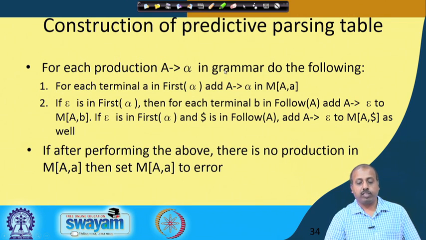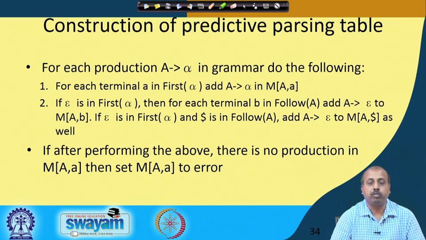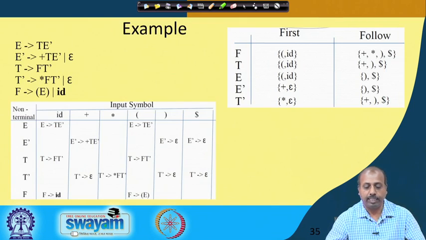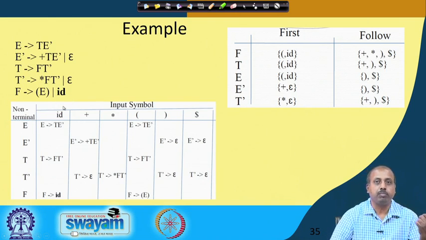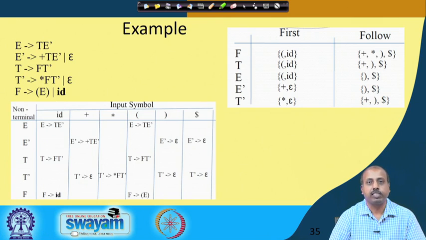So, how do you construct a predictive parsing table? The predictive parsing strategy will have a parsing table, and looking at the grammar symbol on the stack and the next input symbol, it will decide what action to take.